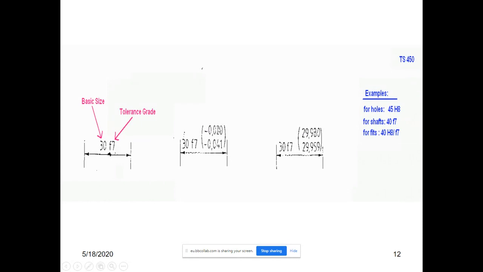If you add this plus that, you can find upper and lower limits. Showing the functional dimensions next to the tolerance rate, writing the upper and lower limits is a good practice.